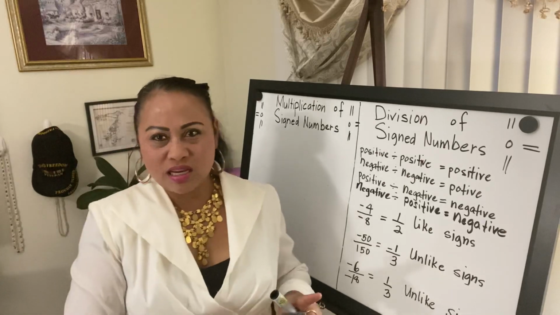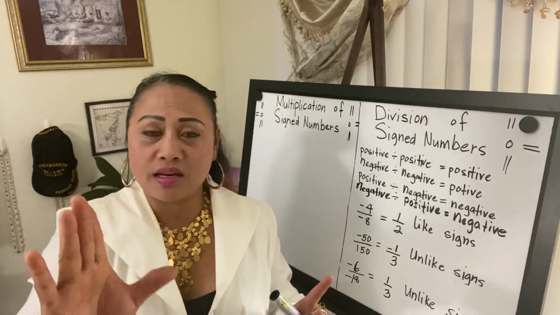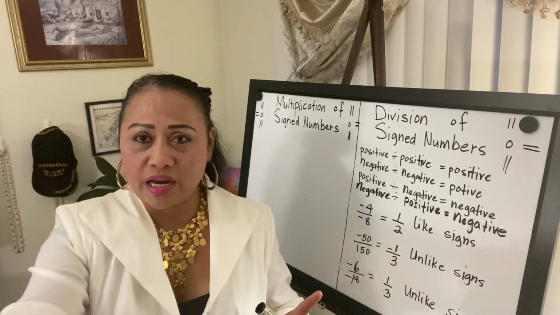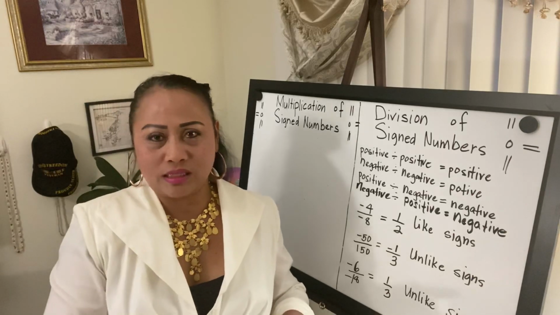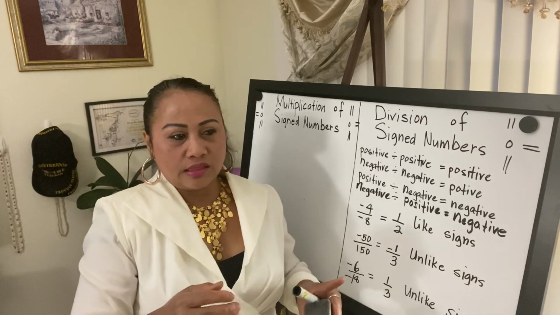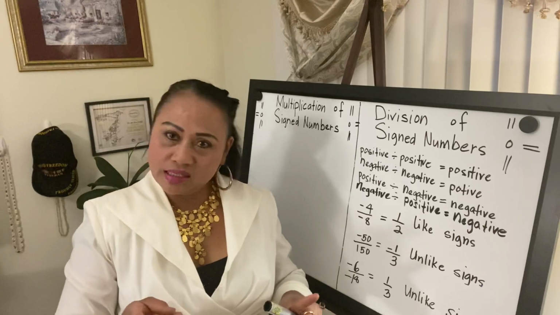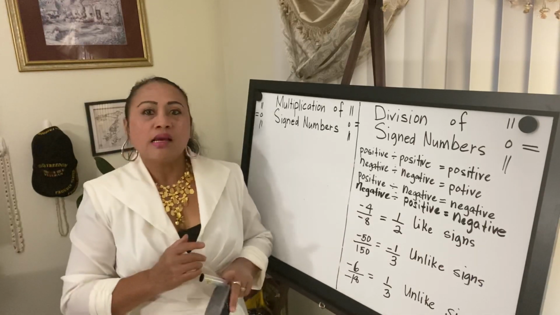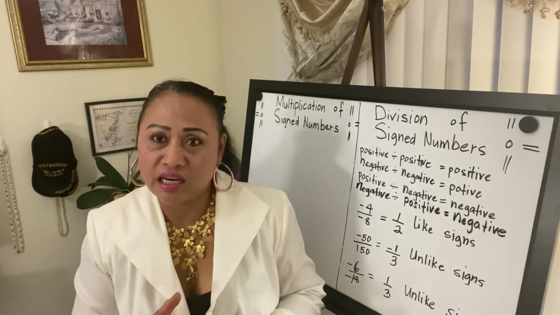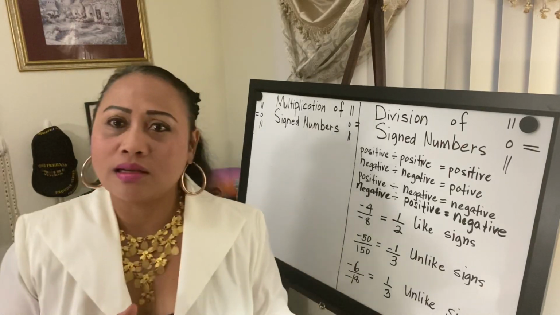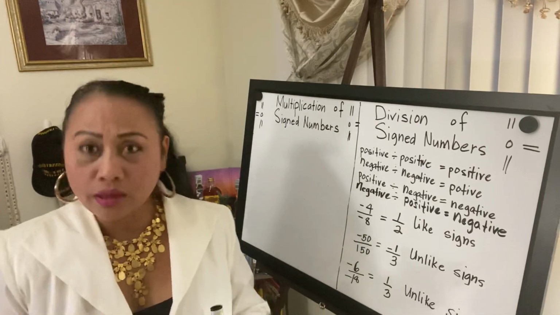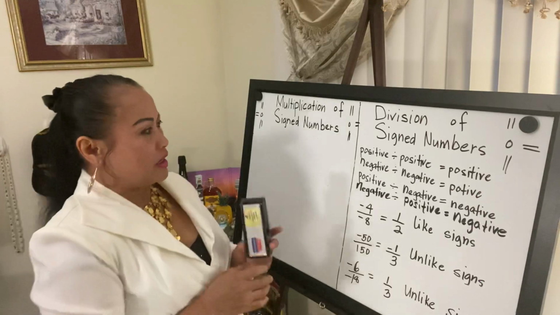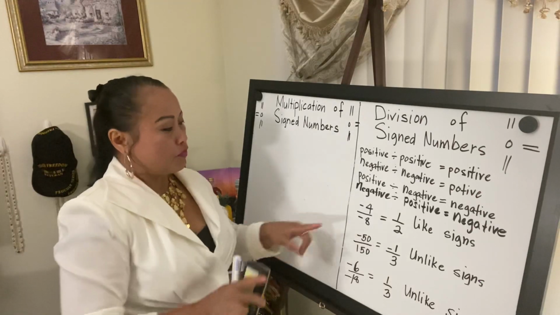Negative divided by negative equals positive. Negative divided by positive equals negative. Positive divided by negative equals negative.